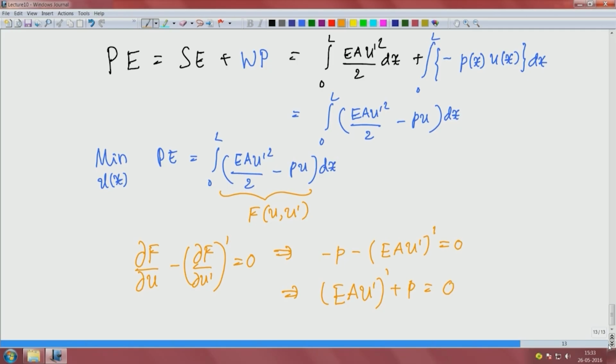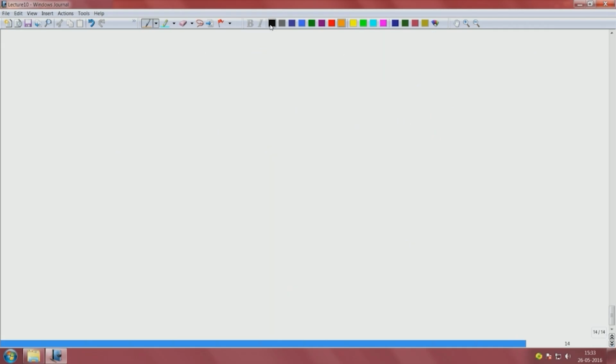With these things, let us pose this problem that we are after now. We have the strain energy that we have taken, integral 0 to L E A u prime square by 2 dx, that involves A and u.